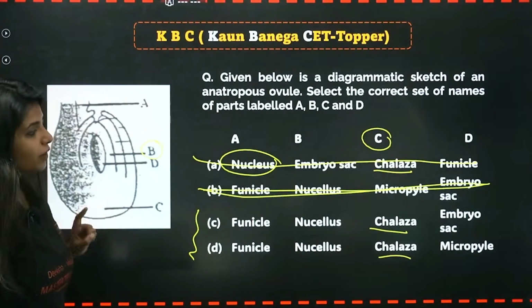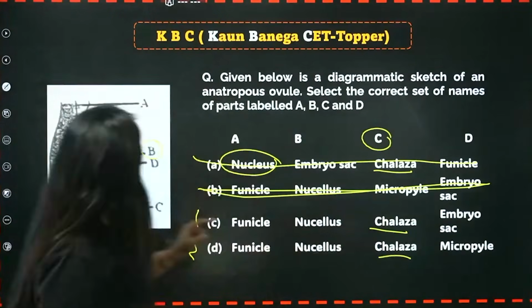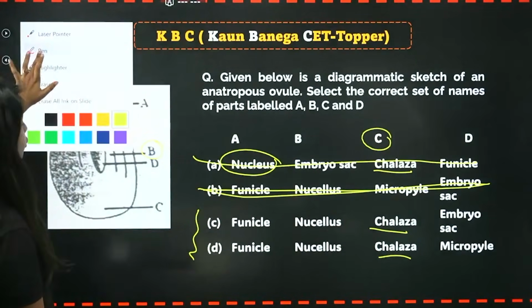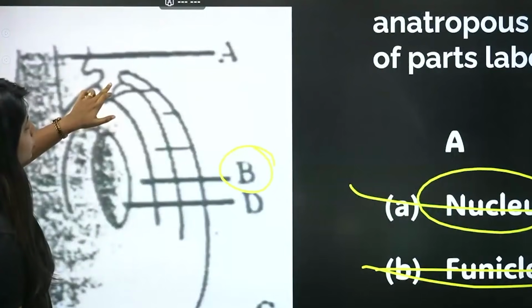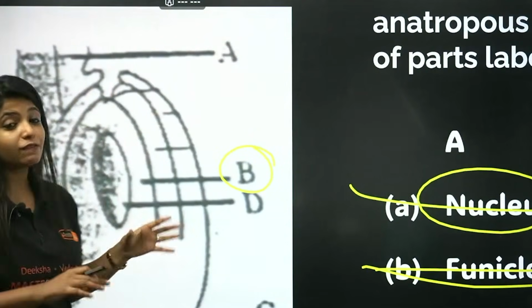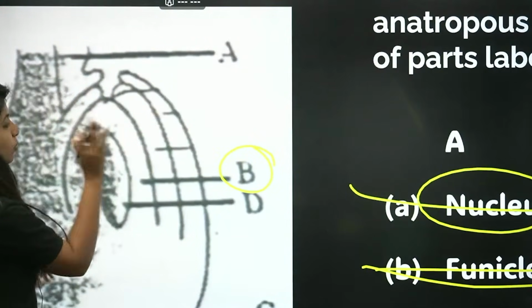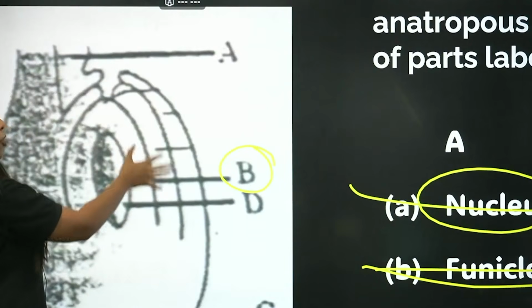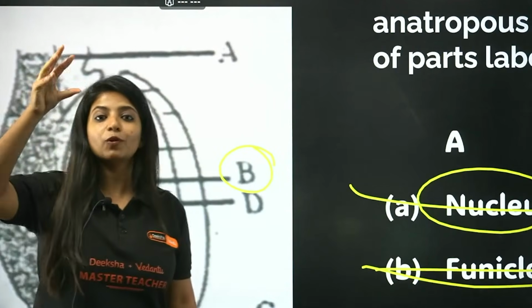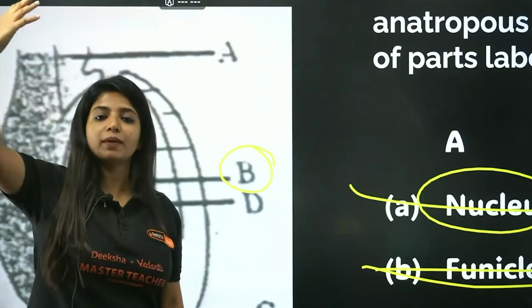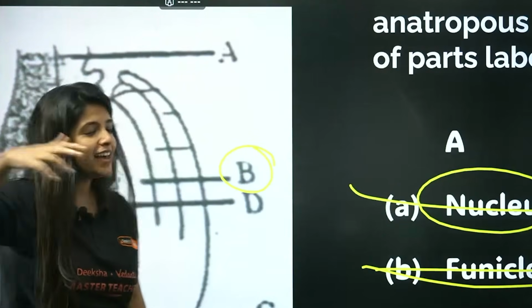Cool. Now we have one more thing, that is embryo sac and micropyle, the D option which is given. Micropyle is going to be here. Embryo sac you have not studied until now, but do understand, embryo sac is a structure which is formed inside. The megaspore mother cell divides, later forms megaspores, and later forms the embryo sac. That is how it happens.